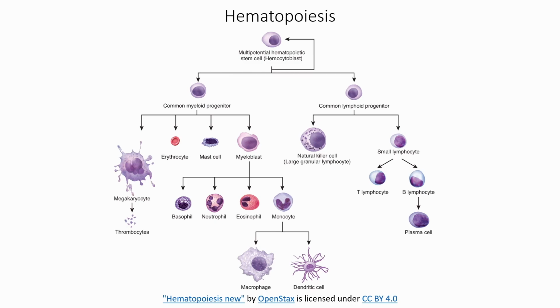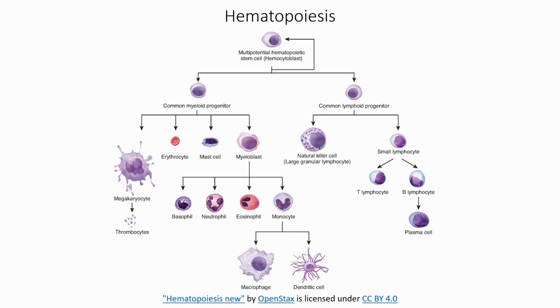So let's take a look at one of these multipotent stem cells. In this case, we're looking at hematopoiesis. And here we're looking at a multipotential hematopoietic stem cell. So we're looking at a stem cell that has the potential to become any sort of blood cell.